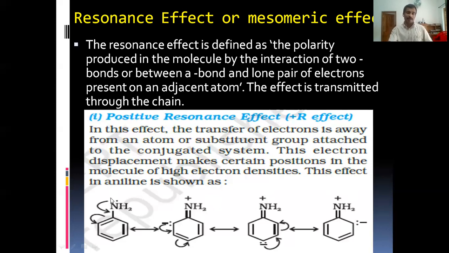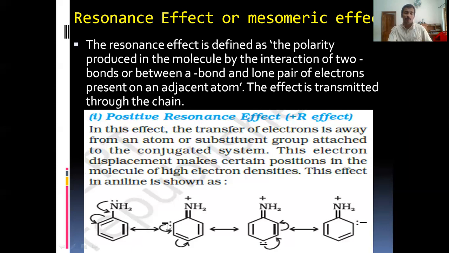So NH2 is donating this electron pair. Then what happens? It forms a new bond here. When it forms a new bond here, these pi electrons cannot remain here. This bond will break and the pi electrons will move towards this carbon atom. In that condition, NH2 has a plus charge, a double bond is formed here, this bond is broken, and a negative charge is there.